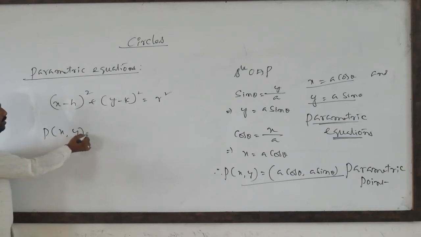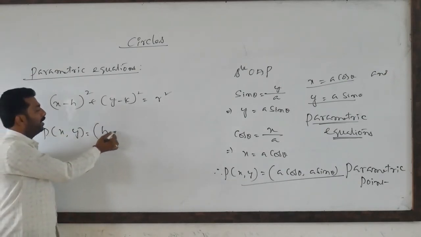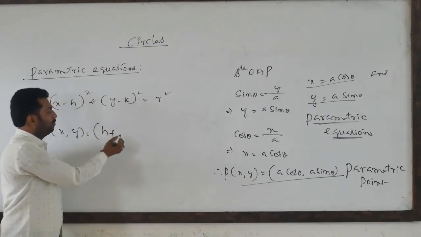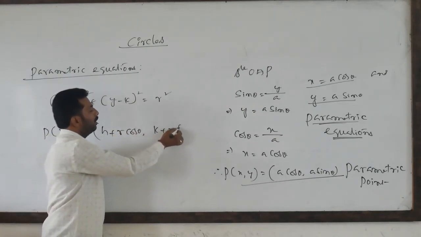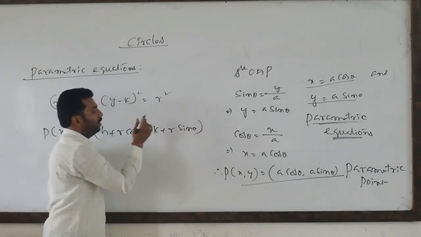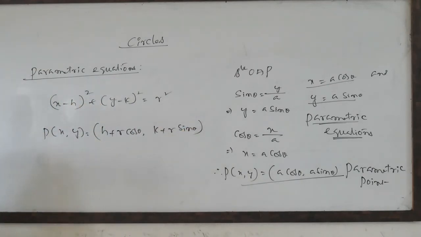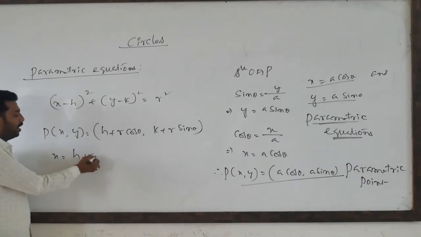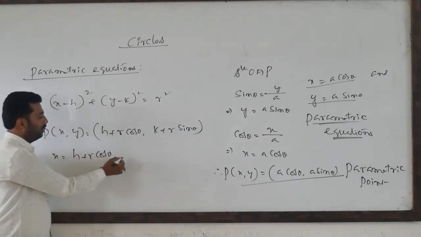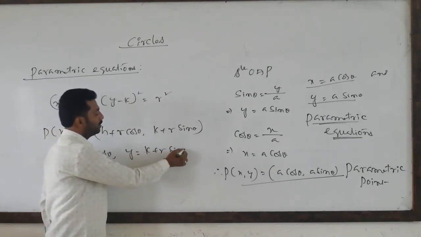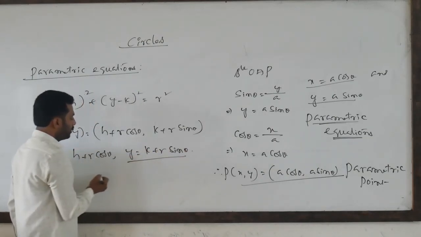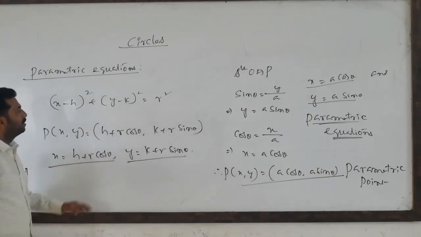P of x comma y equals h plus r cos theta, k plus r sin theta. So this is the parametric point. What are the parametric equations? x equals h plus r cos theta, y equals k plus r sin theta. So these are the parametric equations.